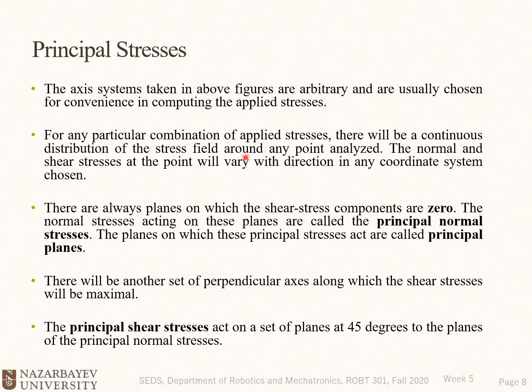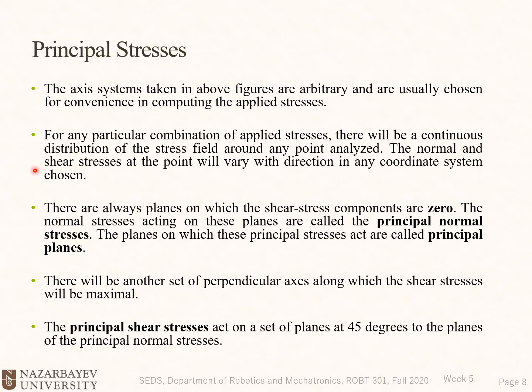The normal and shear stresses at the point will vary with direction in any coordinate system chosen. So if we change the direction of the coordinate system but keep the center of that coordinate system at the targeted point, then the value of stresses on the cube changes.